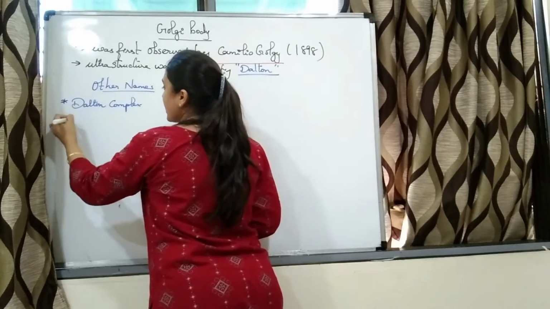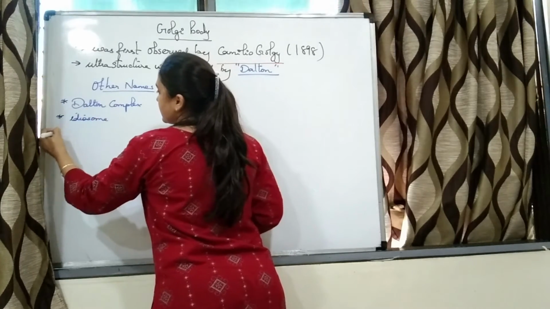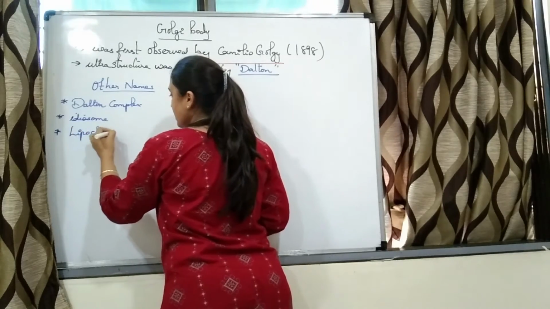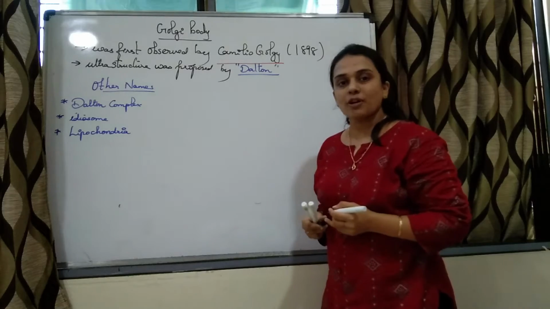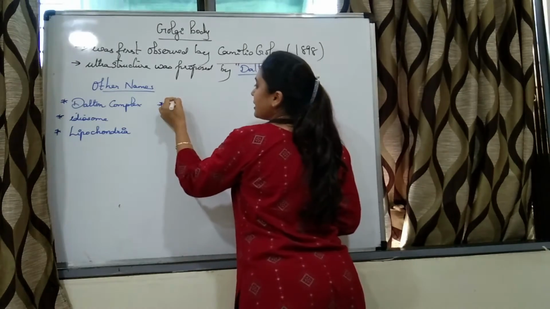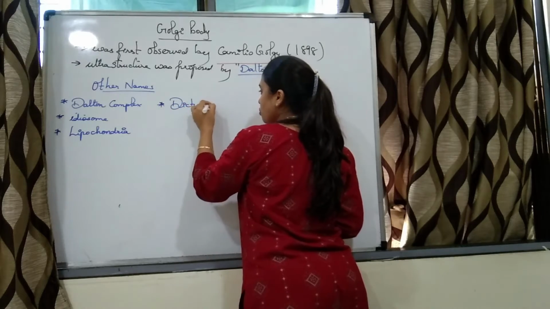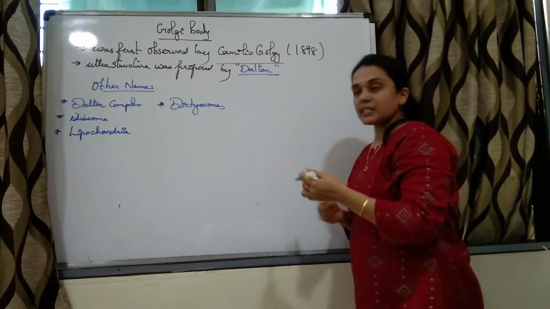It is also called as idiosome. Golgi body is also called as lipochondria, and it is also called as dictyosomes, right? Golgi body is also called as dictyosomes.